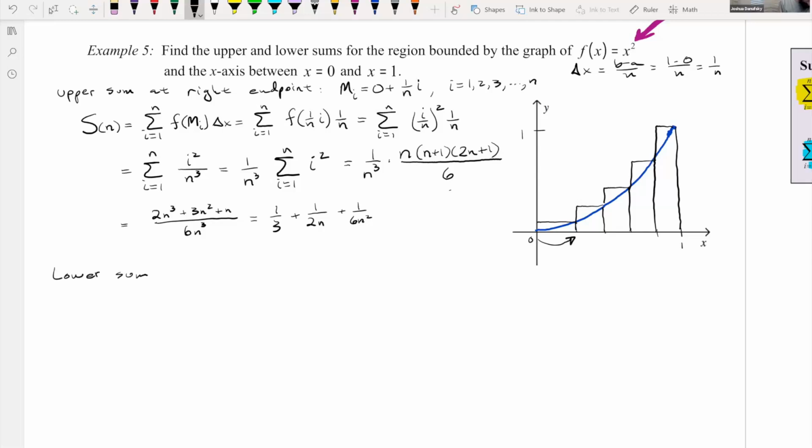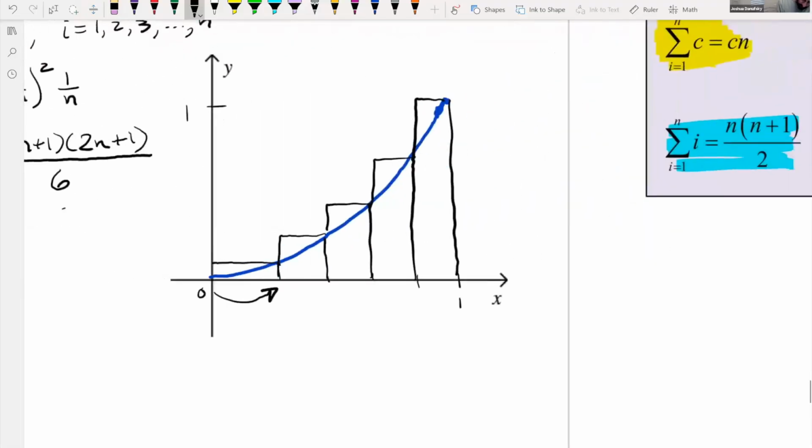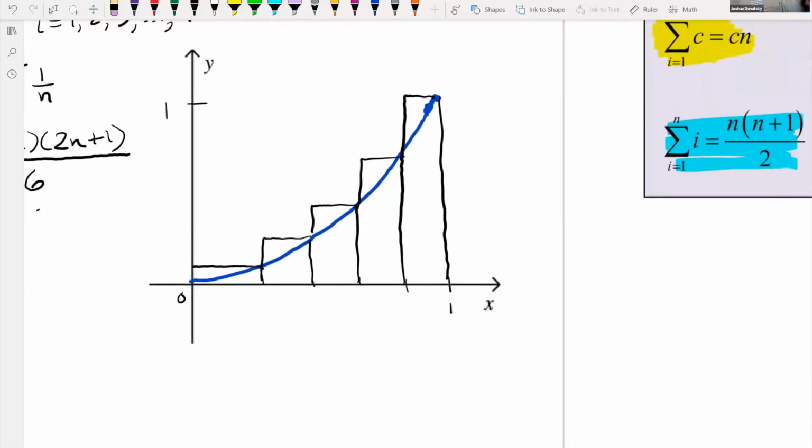These are going to happen at the left endpoints. And I'll show you that in the picture in a moment. In other words, if we want the lower sum, I'll do it in some other color. Let's do this yellow. So here we have our first rectangle that has no height using the left endpoint.